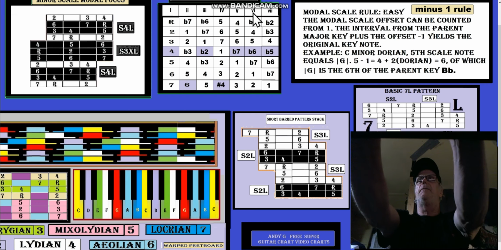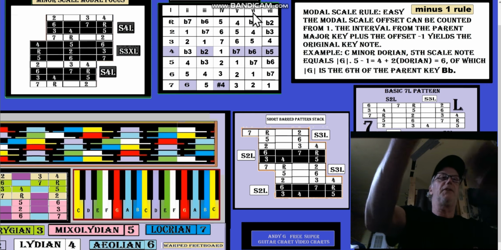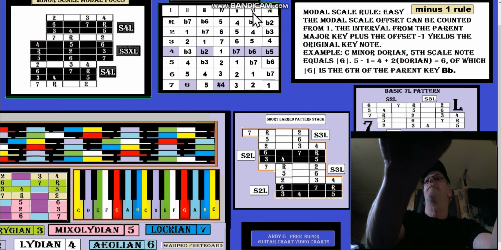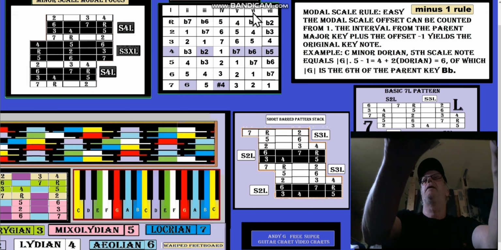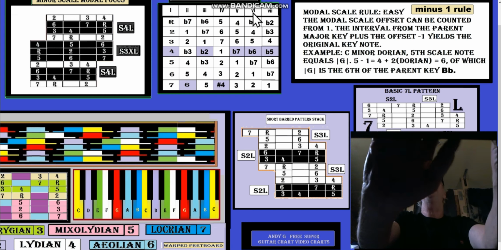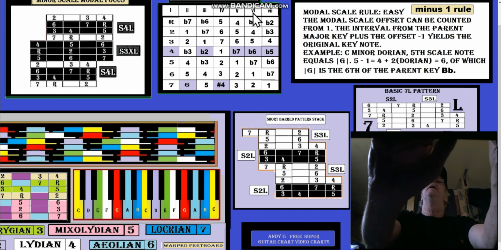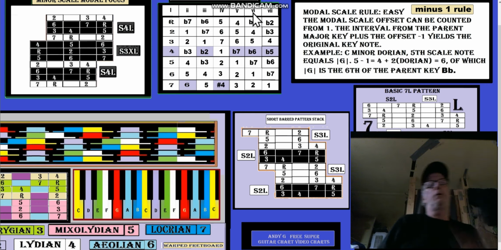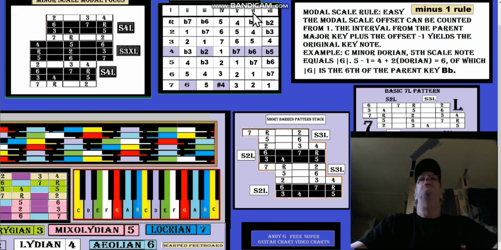We have them, but then within each of them, if we're on the 5th of that one, what is that note compared to the original? And that would have been the 7th just by inspection.